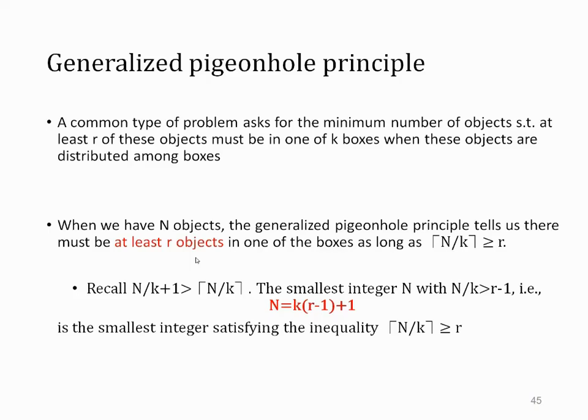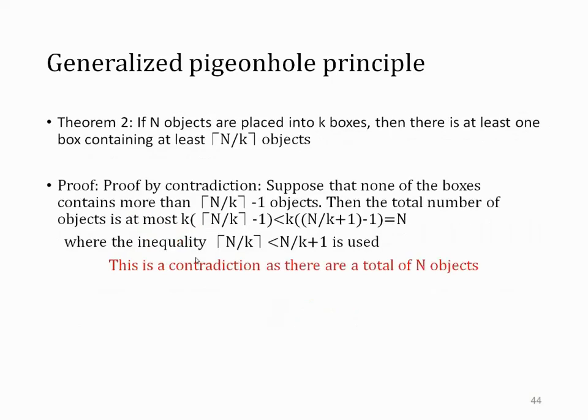Then these objects are distributed among boxes. Repeatedly the same thing is explained, but with some mathematical proof. Anyhow, you might have understood the concept of the pigeonhole principle. But you try to remember these theorems.